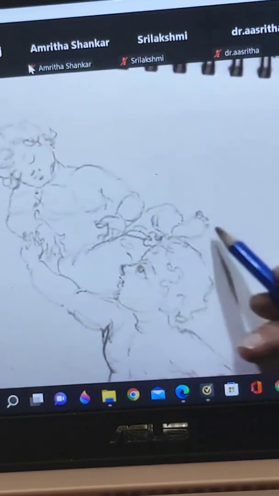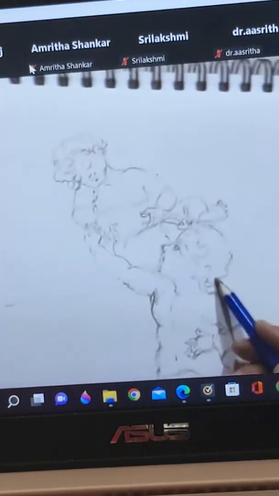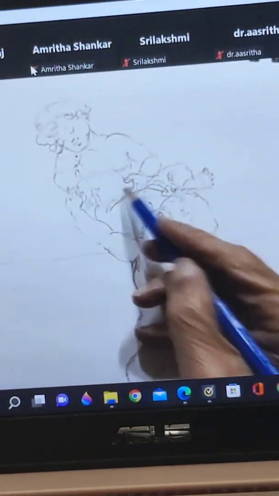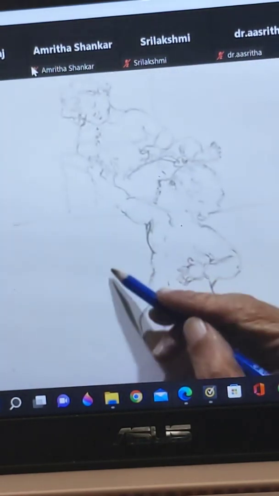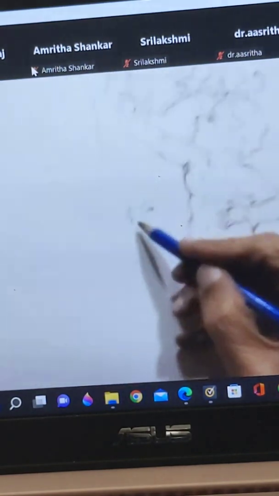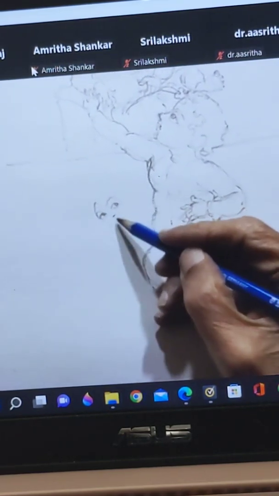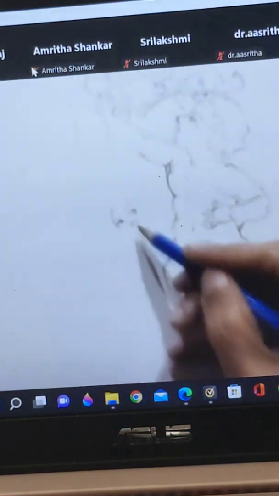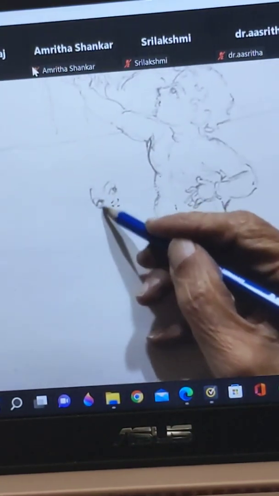So this baby has folded his legs. Yes, we will be showing you the hand and the feet.